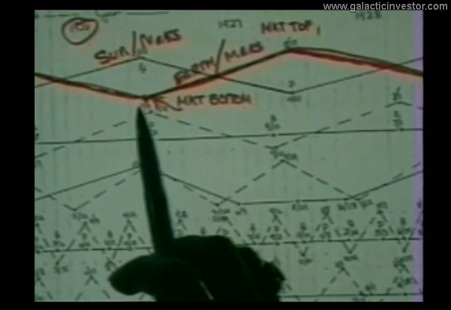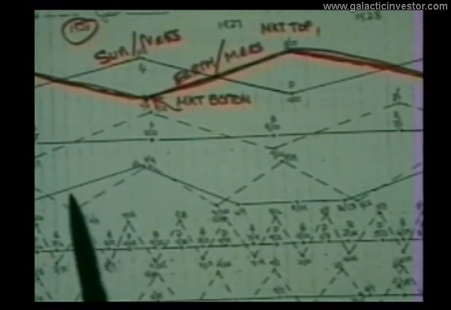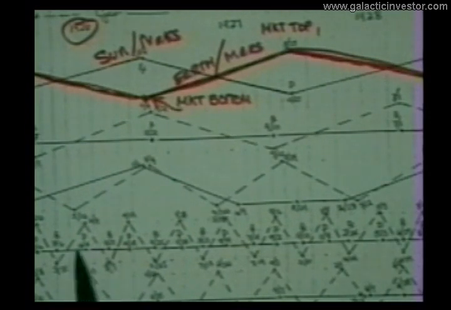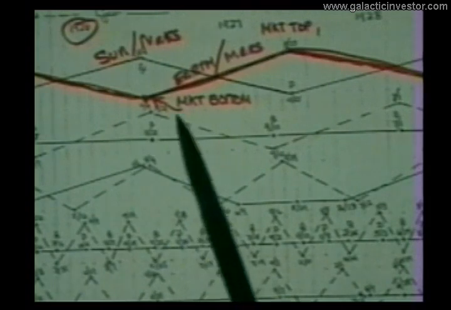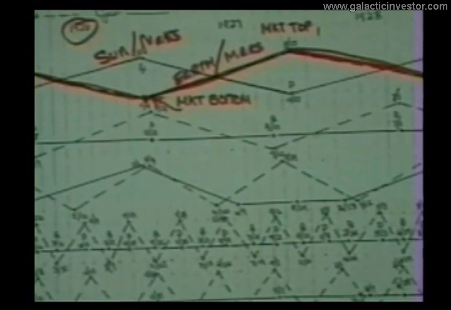So that low came one month from when it was predicted to come. This was during a massive bull market up, but it still brought us in, because remember, we were in this cycle of 1920 to 1929, which is a bull market up. During that time, we got a low with the Mars cycle, and it gave us a retracement in that bull market up.